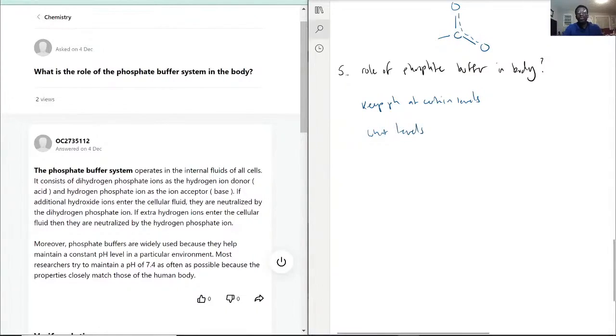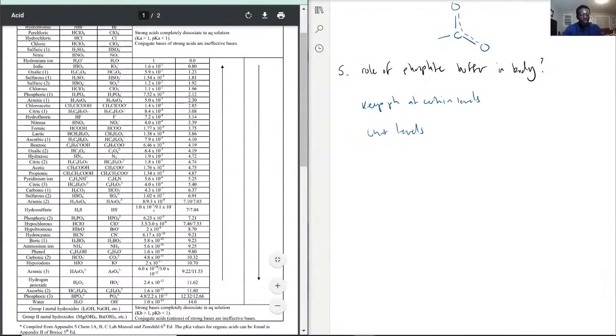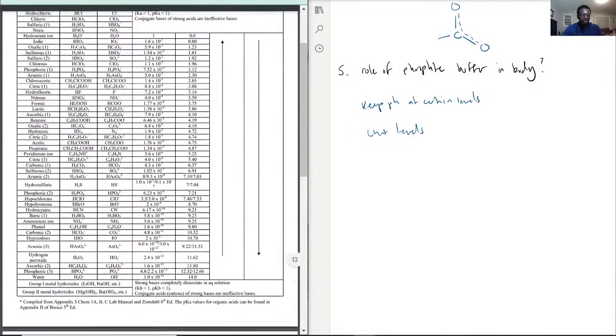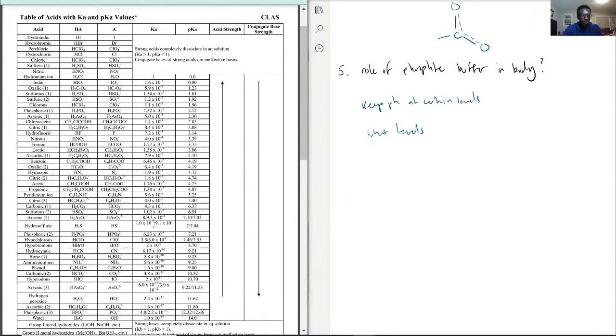We're actually going to refer to our acids and bases sheet, and we're going to look for phosphoric acid. This will be the last set of phosphoric acid. We want the first one, H3PO4.